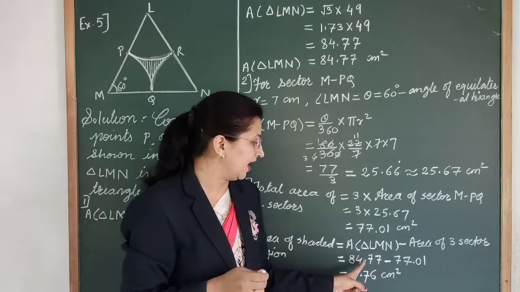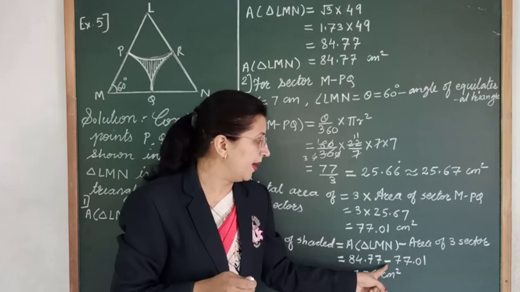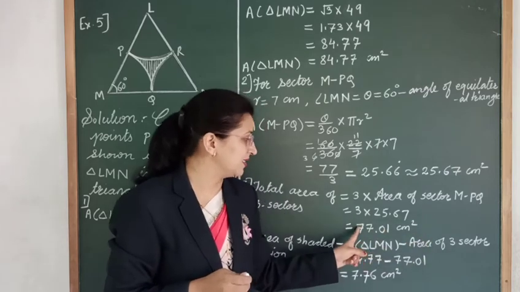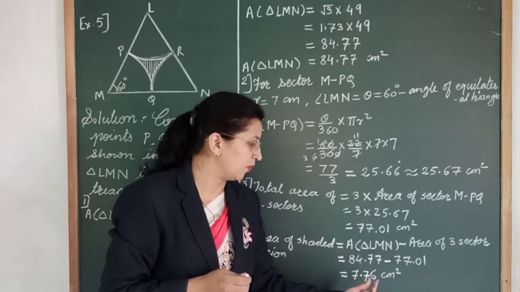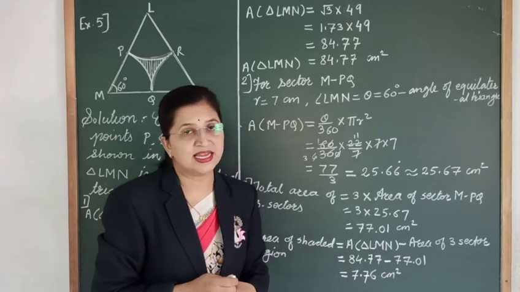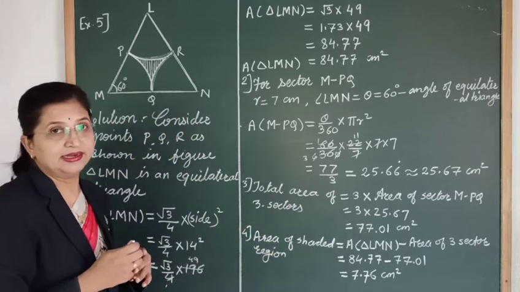The area of triangle LMN we had already found, 84.77, minus the area of these sectors, that is 77.01. After subtracting, we get the answer 7.76 square centimeter. In this way, we get the area of the shaded region.